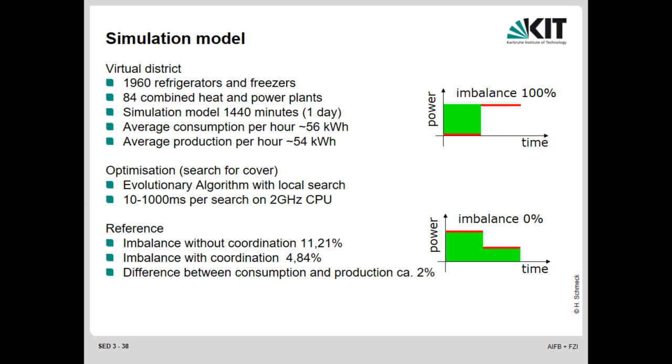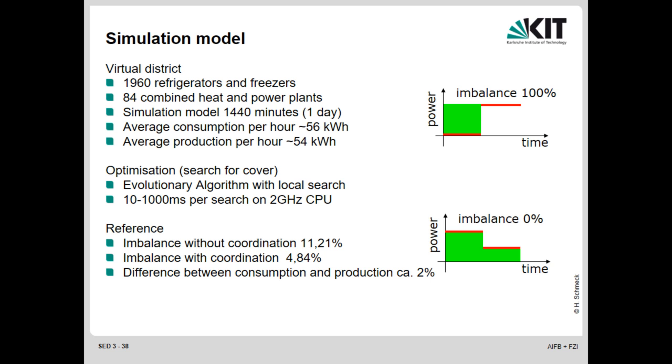Average power consumption per hour is 56 kilowatt hours. Average power generation is 54 kilowatt hours, so it's not exactly in balance. And we run an optimization, an evolutionary algorithm, also using local search, and use that on some device. So that was what we did there.